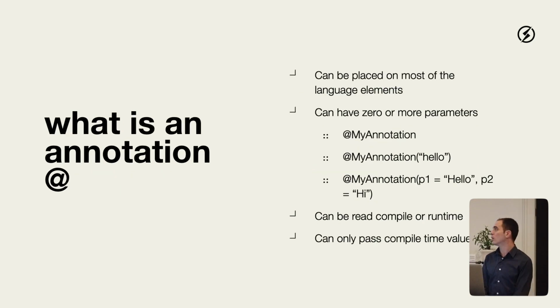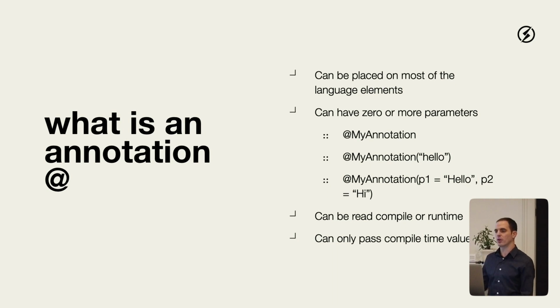So, to talk about annotation processing, we have to talk about annotations first. What is an annotation? Annotations were added to the Java language in Java 1.5, and they are also in the Kotlin language from the very first version. An annotation is metadata which can hold some information, and it can be attached or placed in some places of your source code.